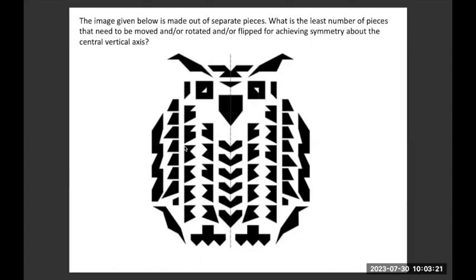I'm just going to give you an example. For example, these eyes of the owl are rotated. Both the pieces on both the sides are rotated, so this is the first piece. Similarly, this piece and this piece are some kind of a mirror or moved, but they're different, so this is another piece.